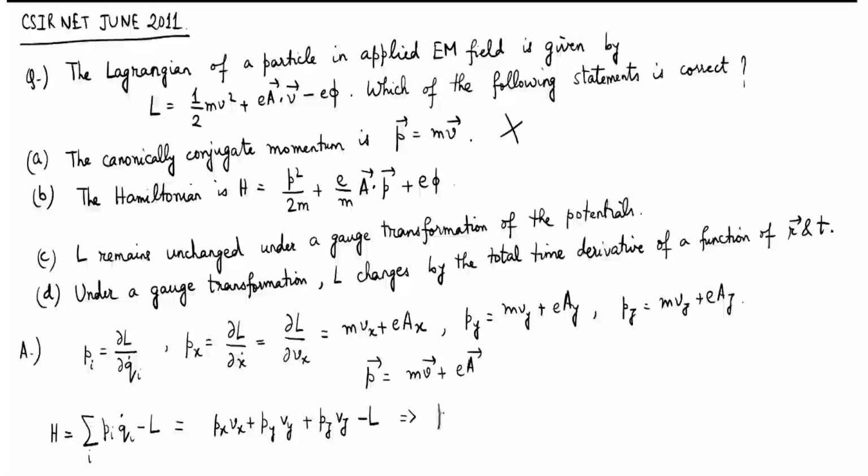So this is P vector dot V vector minus L. So what will you get? Will you get this expression? Try, everyone.